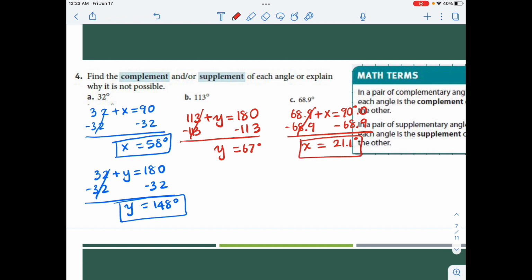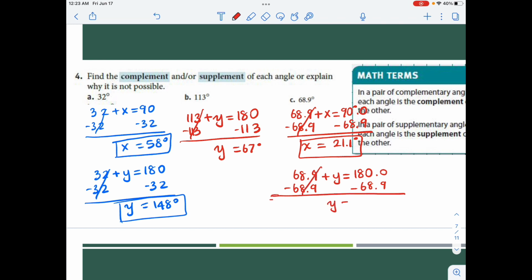Okay, and then let's find the supplement of this angle. 68.9 plus y must be 180 degrees. So let's subtract 68.9 again from both sides. And don't forget to put 0. We are subtracting decimals.